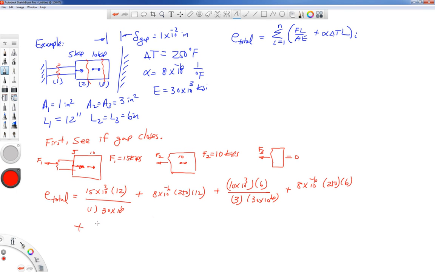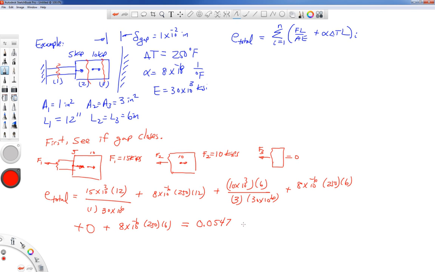Now F3 is equal to 0, so its mechanical deformation would be 0, plus alpha delta T L for section number 3. If we put all of these together, I end up getting 0.0547.